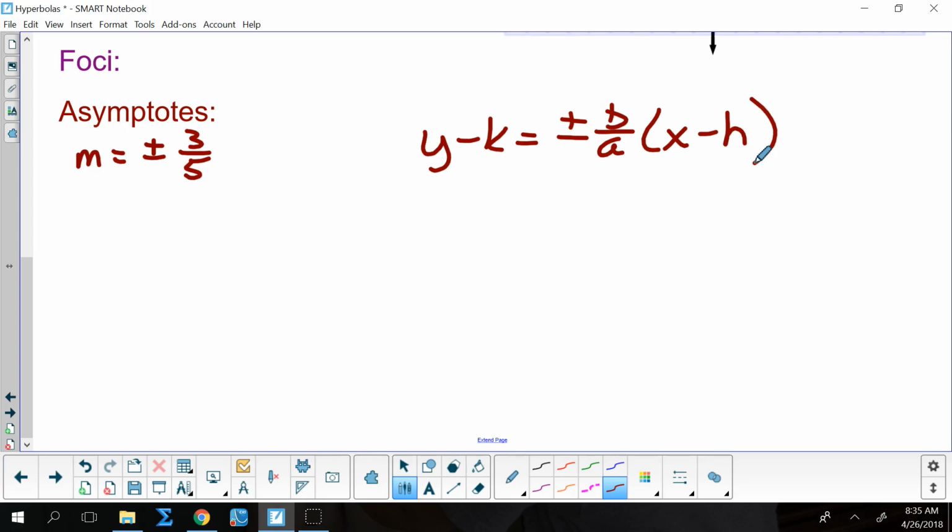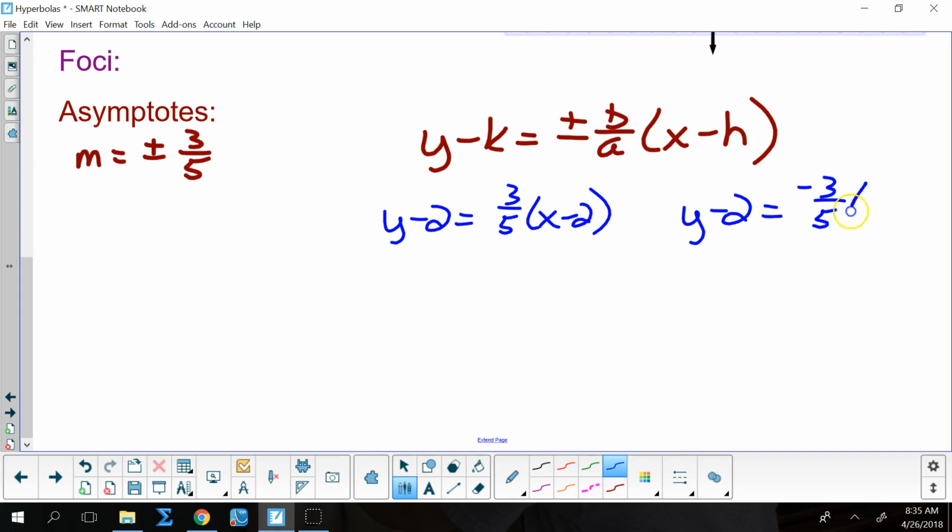So this would be y minus 2 equals 3/5 times x minus 2, and y minus 2 equals negative 3/5 times x minus 2.